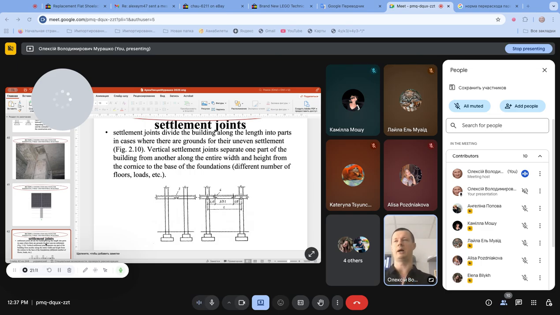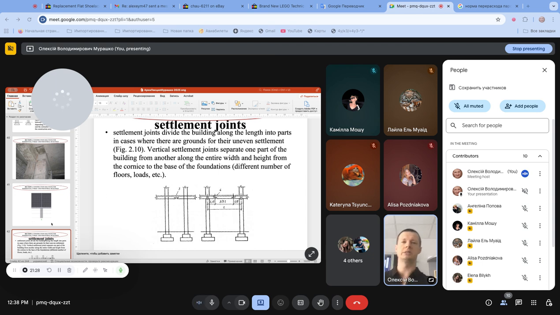But when we are talking about settlement joints, we also have to split the foundation into parts, because the foundation will get uneven deformation. If we do not split it, it will lead to significant cracks and deformations.